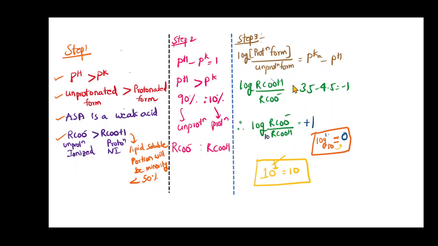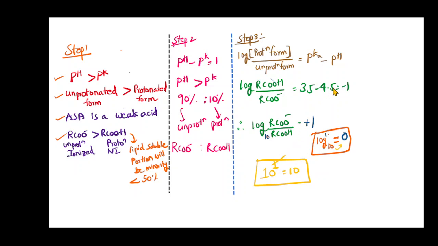Then we should apply the Henderson-Hasselbalch equation. What exactly does it say? Log of protonated form by unprotonated form is equal to pKa minus pH. Log RCOOH by RCOO minus equals 3.5 minus 4.5, which is minus 1. So log base 10: if you send it across, 10 to the power 1, how much? 10.